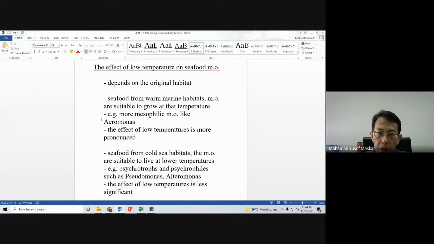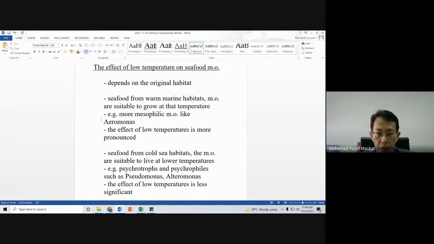There will be different microorganisms, and we have discussed two weeks ago that microorganisms can be divided into several categories depending on the temperature that they live in.